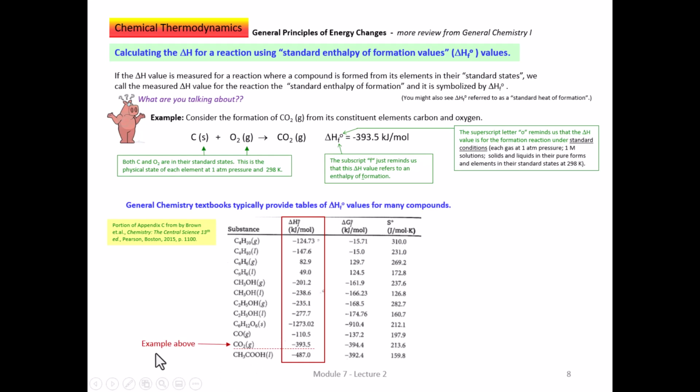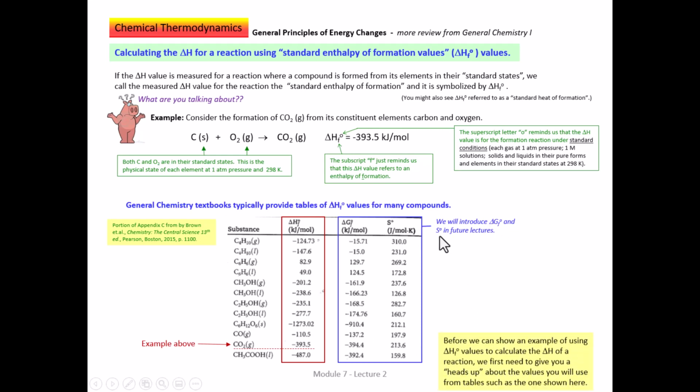So in the example above, I got this data for CO2 from the table, minus 393.5, and we know it's for this reaction because it's for the formation of CO2 from the elements carbon and oxygen under standard conditions. These two columns that you see in tables we'll deal with in future lectures.